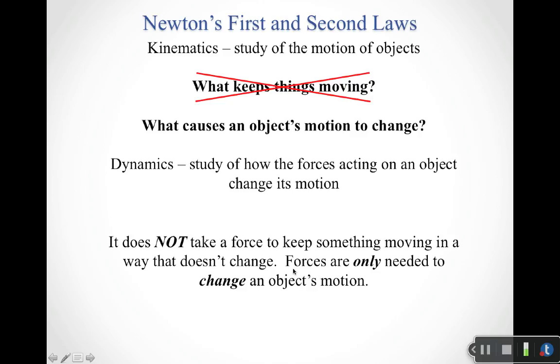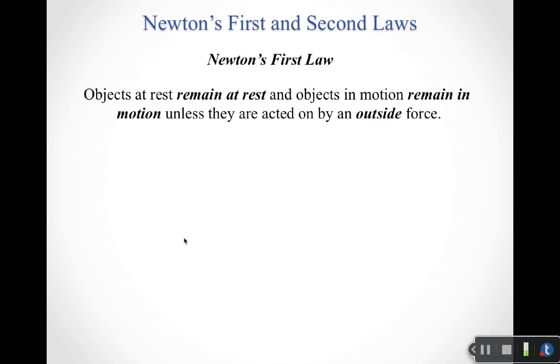The block slows down because there is already a force, in this case the force of friction, that's acting on it to change the object's motion. You are providing a second force that basically balances out the force of friction so that the object's motion doesn't change. And so this idea of when an object's motion doesn't change is best encapsulated in Newton's first law.